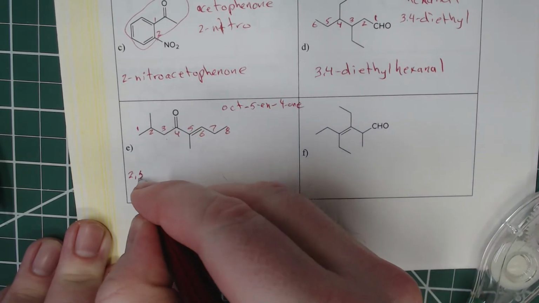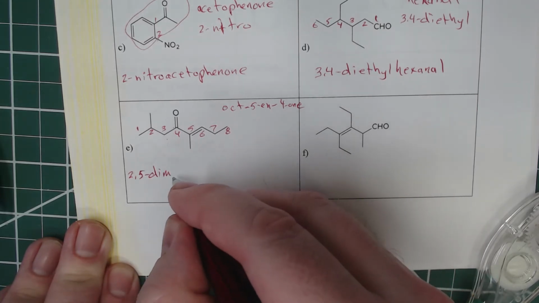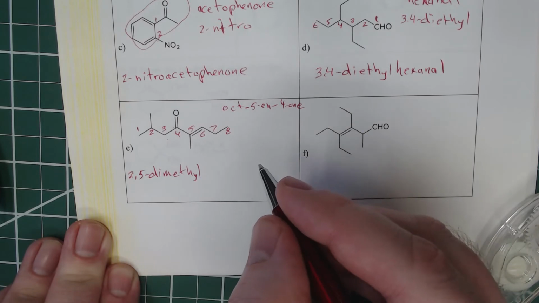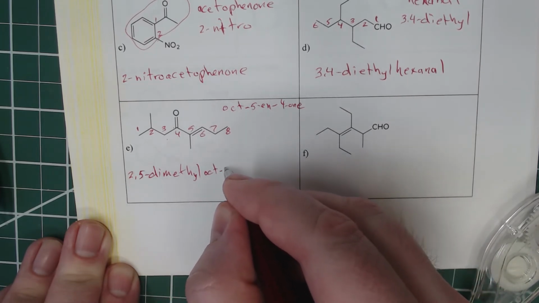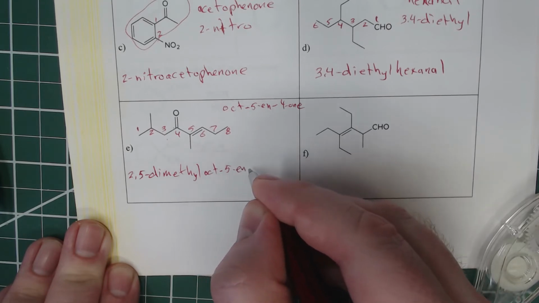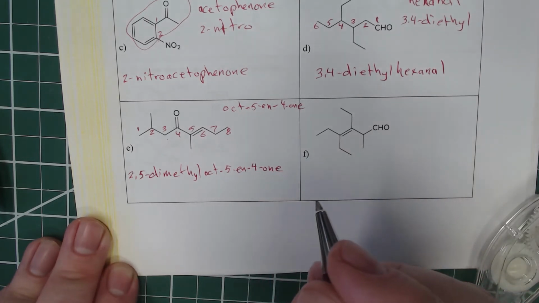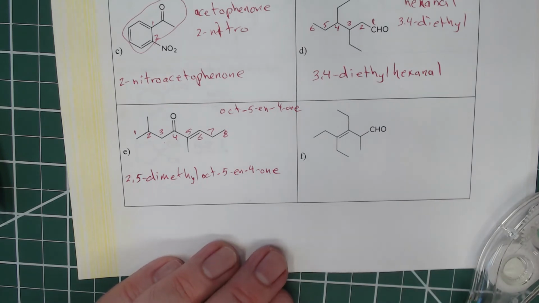So 2, 5 dimethyl. All right. Oct 5-ene 4-one. And that gives us the name of that particular substance.